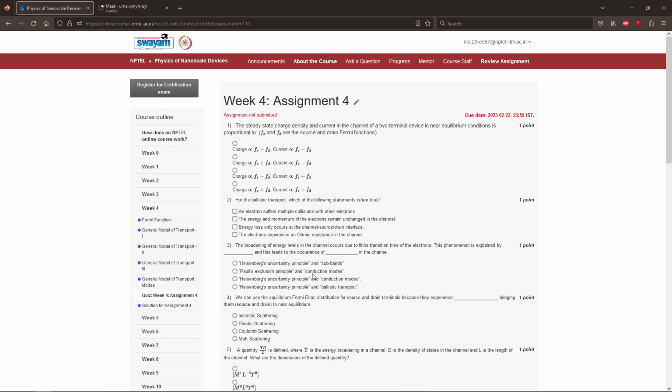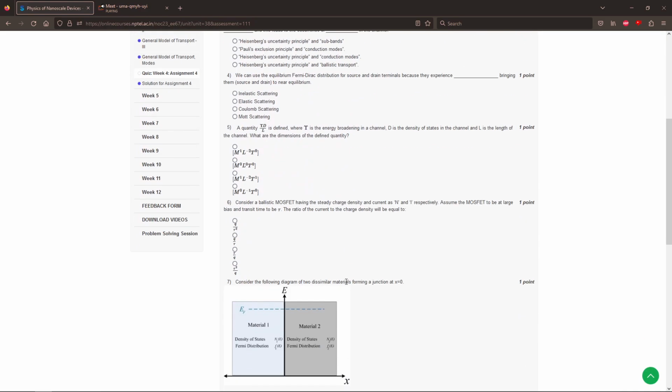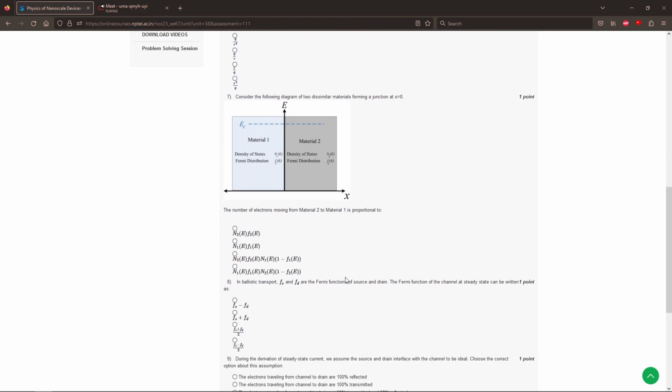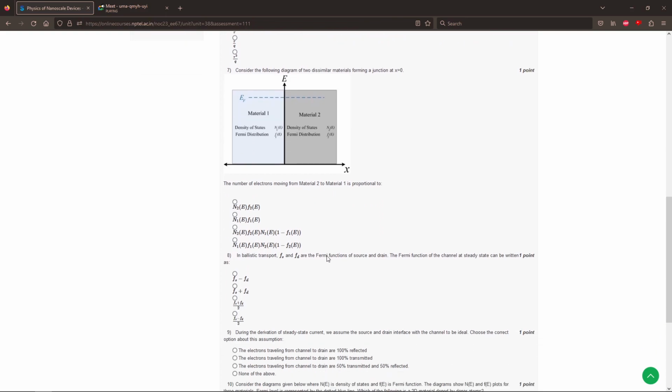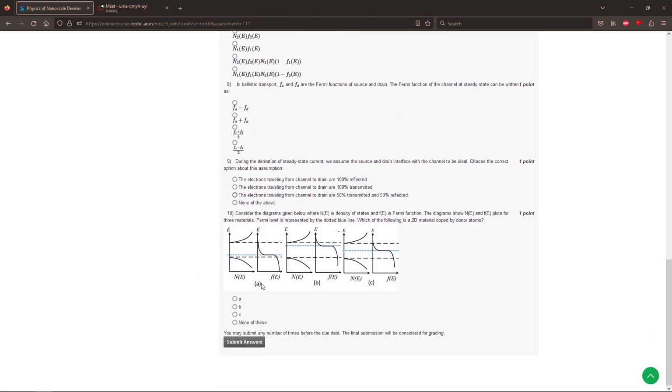All of the questions are statement-type questions, so you're supposed to remember certain things and answer. You don't have to solve any mathematical formulae or do any evaluations. In short, you don't need a calculator to solve this assignment.